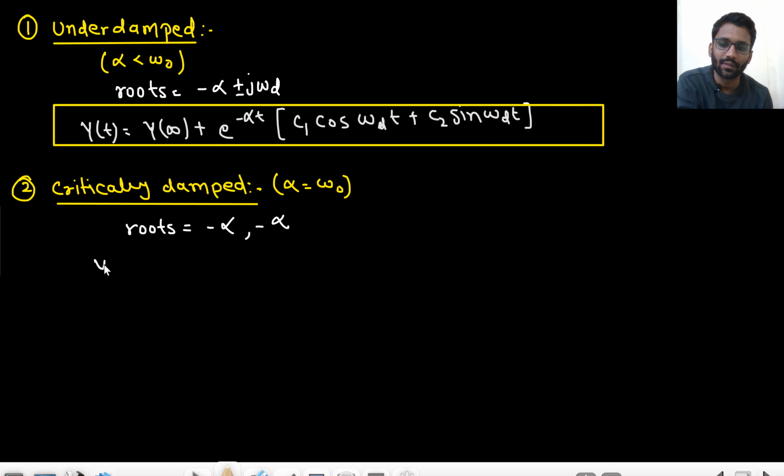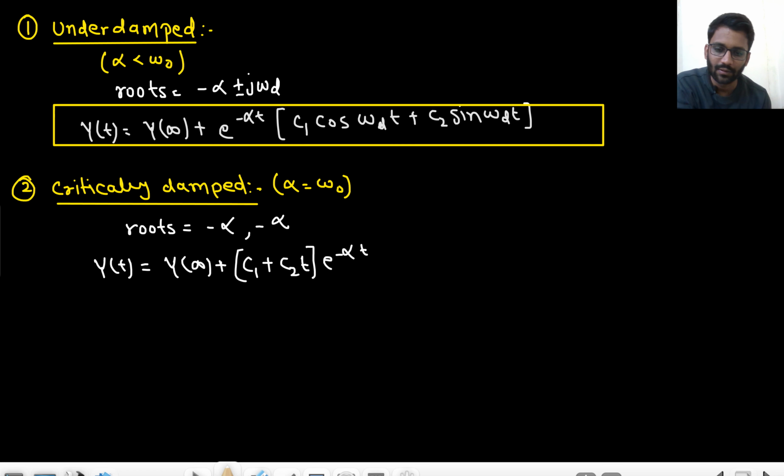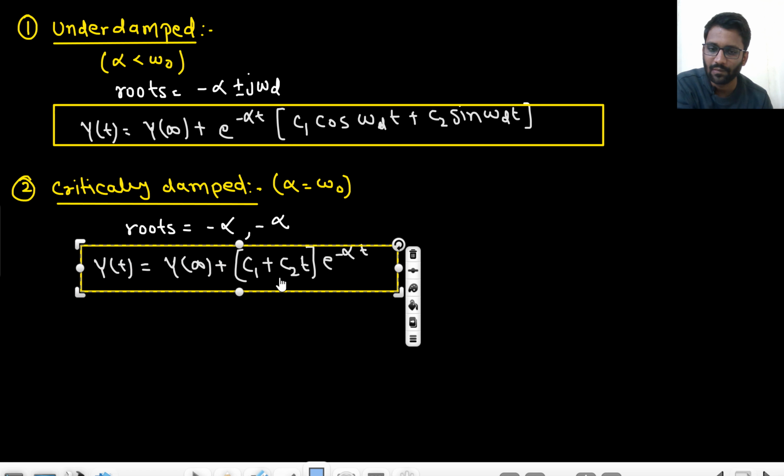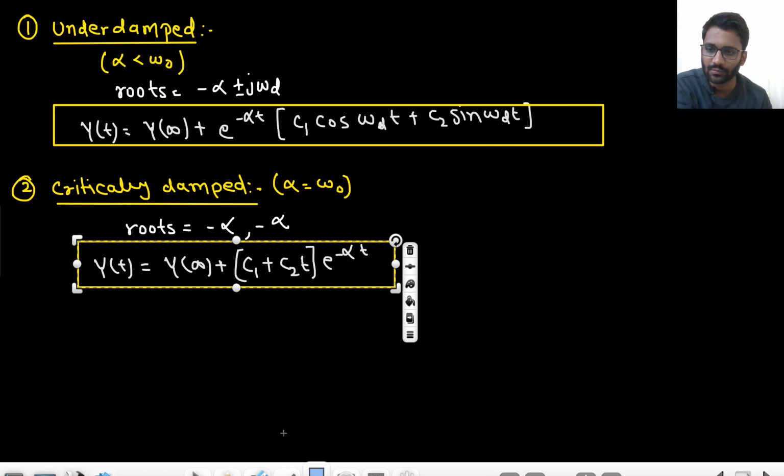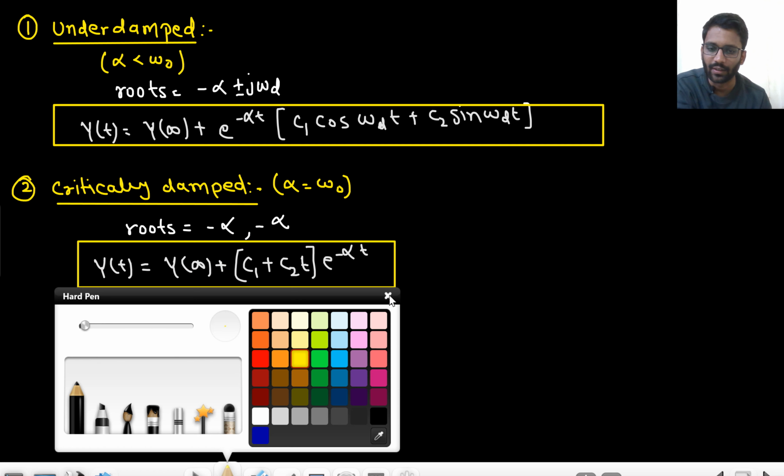What will be the equation? Y of t will be y of infinity plus (c1 plus c2 t) e to the power minus alpha t. This is for critically damped.